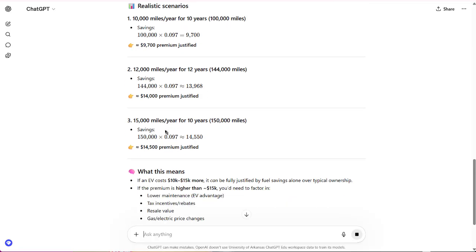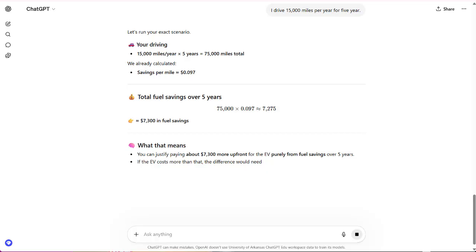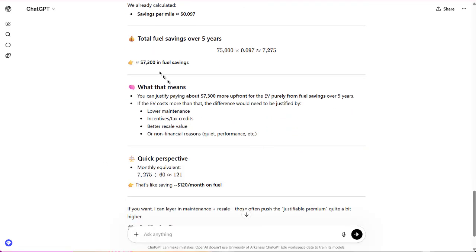The realistic scenario is we're going to say 15,000 miles per year for 5 years. Now, could be more or less than that, but let's say I drive 15,000 miles per year for 5 years, and I'm asking it to compute what the savings would be. And it says there's 7,300 in fuel savings.